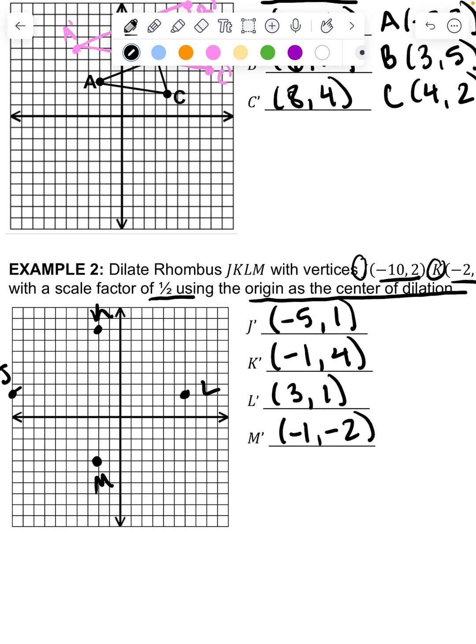All right, so here's my original rhombus. All right, it's not perfect, but it's something. And now we're going to draw our new image.